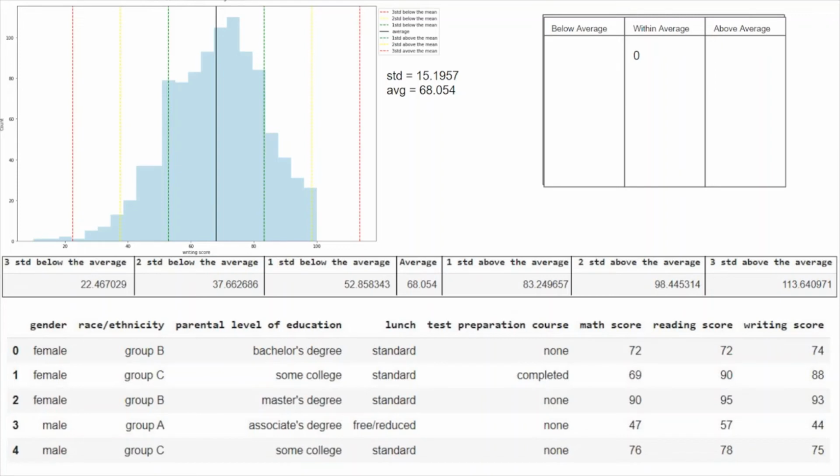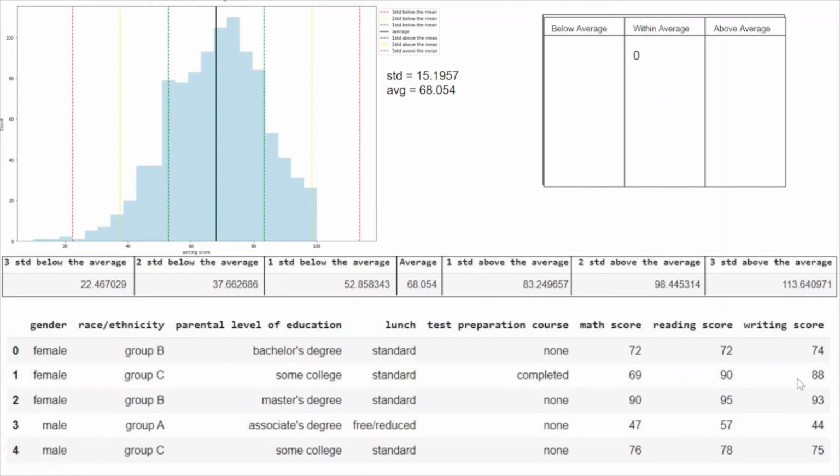And if you are below average, you're going to be two standard deviations below the mean, okay? And then super below average would be 3 standard deviations below the mean, so that's going to be this red line over here. And then super above average is going to be 3 standard deviations above the mean, okay? So student number 0 is within average.